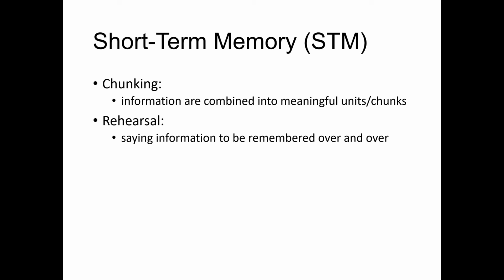And same with the last 4 digits, which were 4, 6, 3, 8. If that just happened to be the last 4 digits of your phone number or somebody else's phone number that you know, then that also becomes just one piece of information, as opposed to 4 different pieces. So using chunking, we can memorize much larger information than 7 digits.